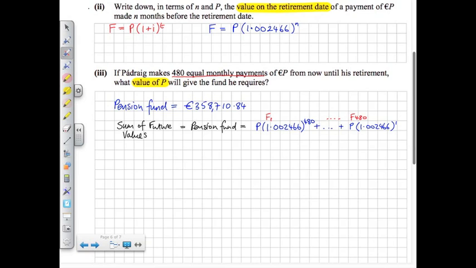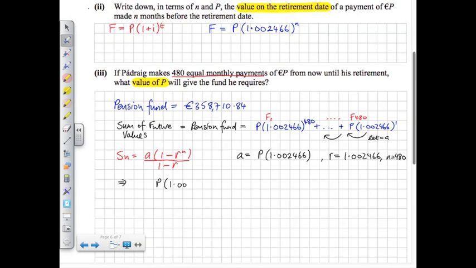So using this, we want to sum this geometric series. Again, write down the geometric series formula. We can call the first term any term we want, but it's easier if we call this first term the last in this sequence. So I'm going to call a, P times 1.002466. The common ratio getting from one term to the next will be 1.002466, and there are 480 terms. So we sub each of these numbers carefully into the geometric series formula.